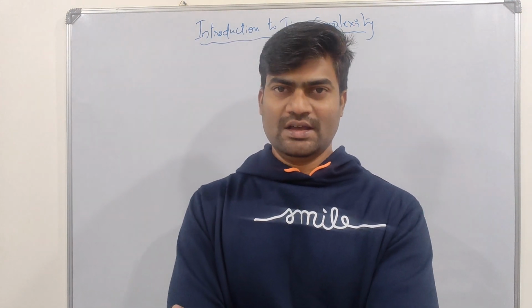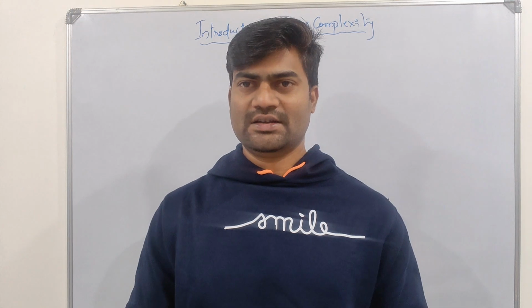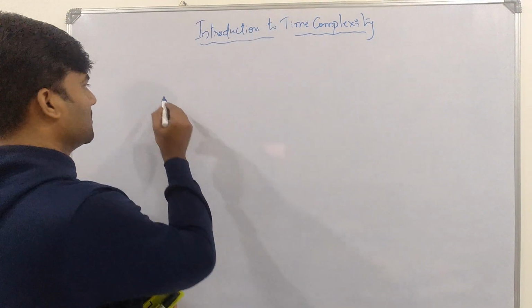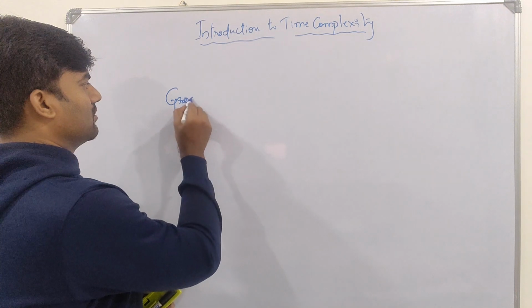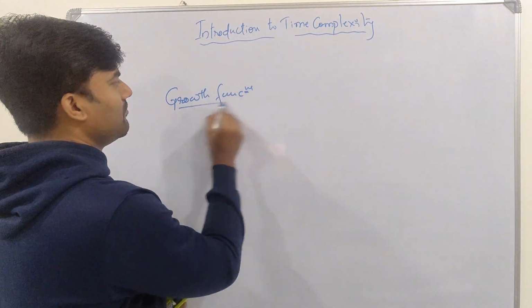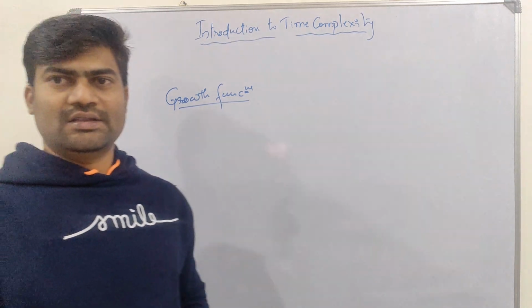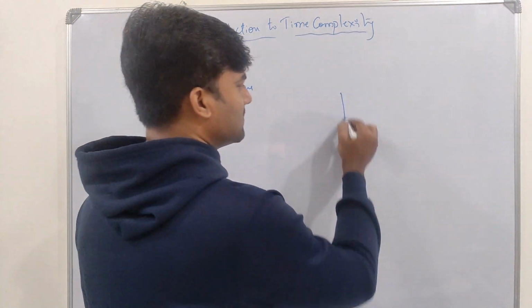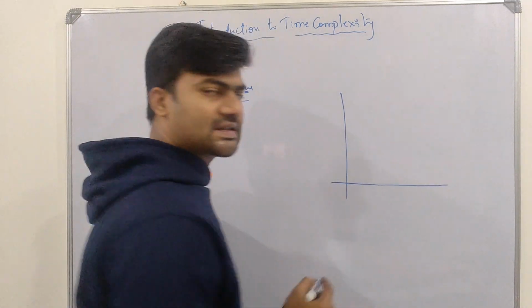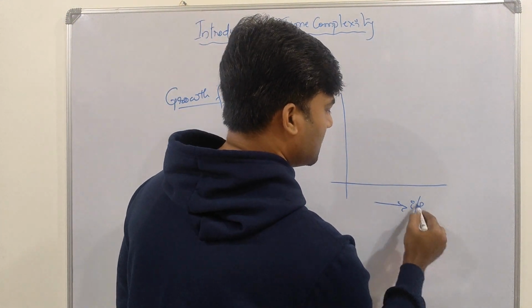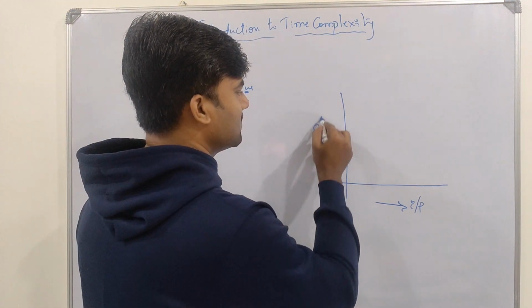Before that, let us try to understand growth functions. What are growth functions? They are also called polynomial functions mathematically. Let us take a small graph and try to understand. This is the input axis and this is the output axis.